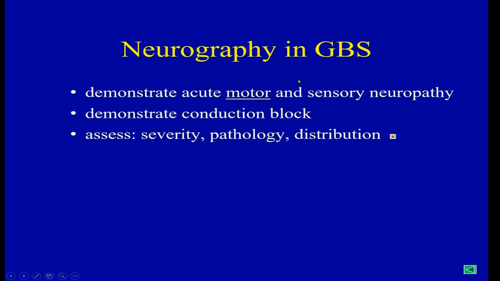And conduction block, it's always important to hunt for conduction block. That usually means a demyelinating polyneuropathy of autoimmune type. Conduction block usually indicates a neuropathy of autoimmune type. And we can assess severity and type of pathology and distribution.